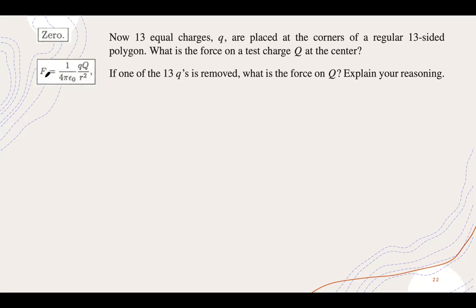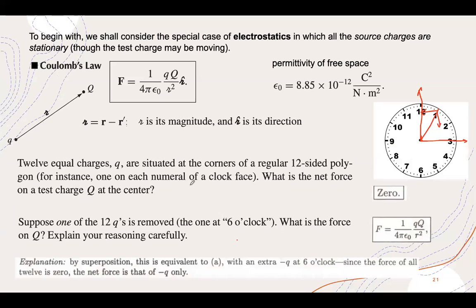The force will be the same as we calculated in the previous example, and the explanation should not be symmetry. Rather, we can say that this is because of the superposition principle. That's why superposition is a very important concept, where one has to have this explanation, or in a very general sense, one should talk about superposition and then calculate everything correctly.